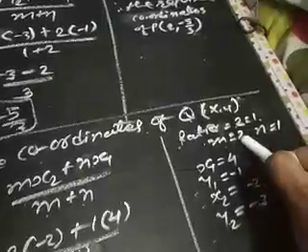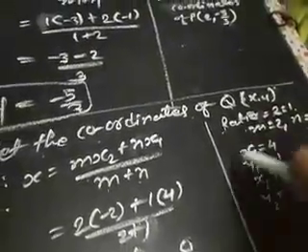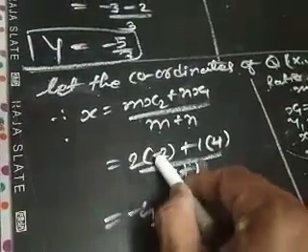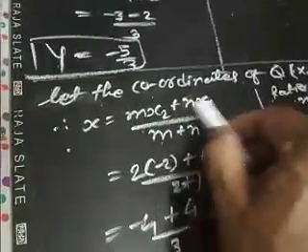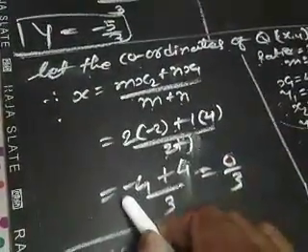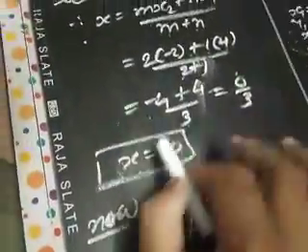So m is equal to 2 and n is equal to 1. We use these values and find x and then y. So 2 into (minus 2) plus 1 into (4), upon 2 plus 1. So minus 4 plus 4 upon 3, which means 0 upon 3, so x is equal to 0.